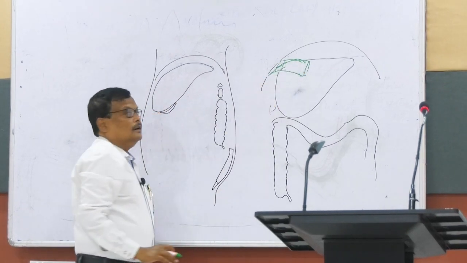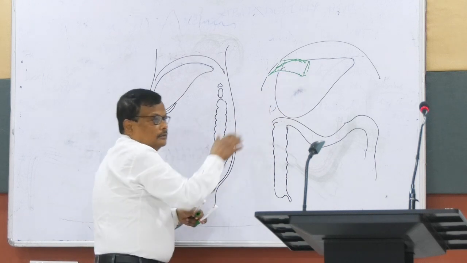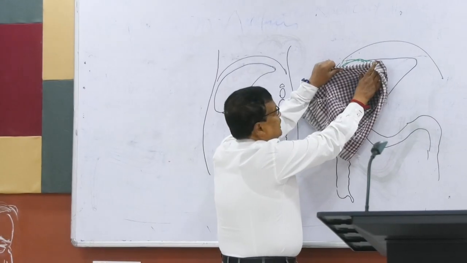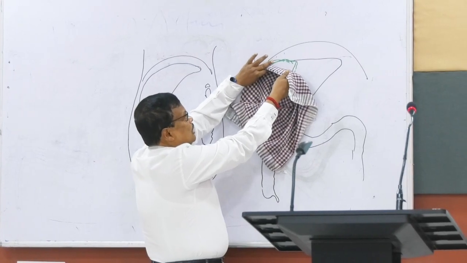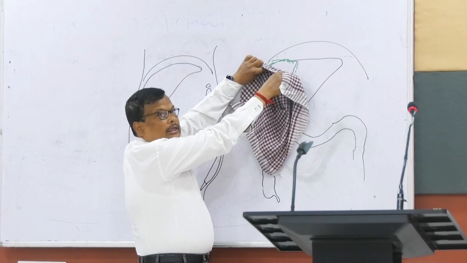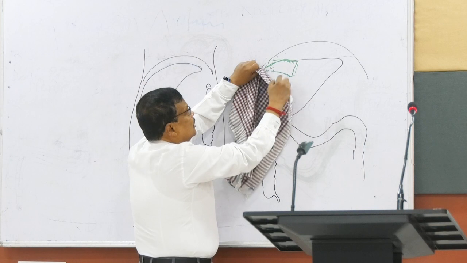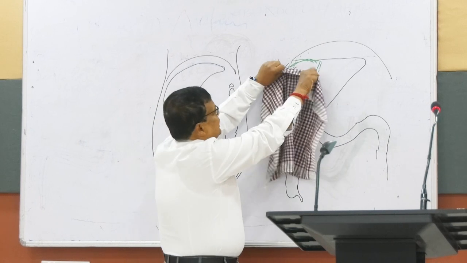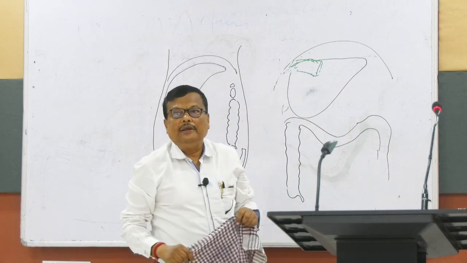This area is uncovered because the peritoneum covers the anterior surface of the liver, and here it is reflected to the diaphragm in this fashion, so it raises a fold. Look carefully, the peritoneum covers as the visceral layer, then does not go totally to the superior border.